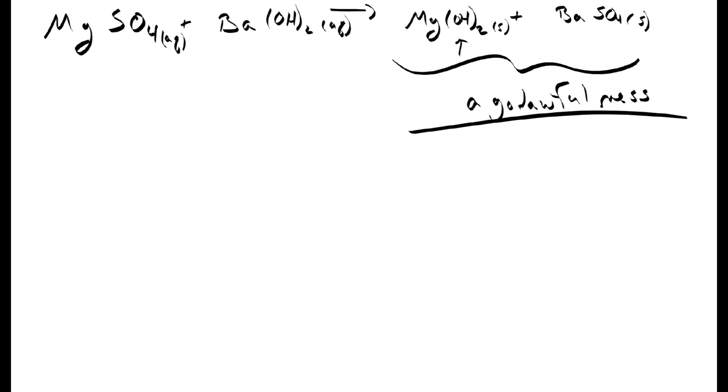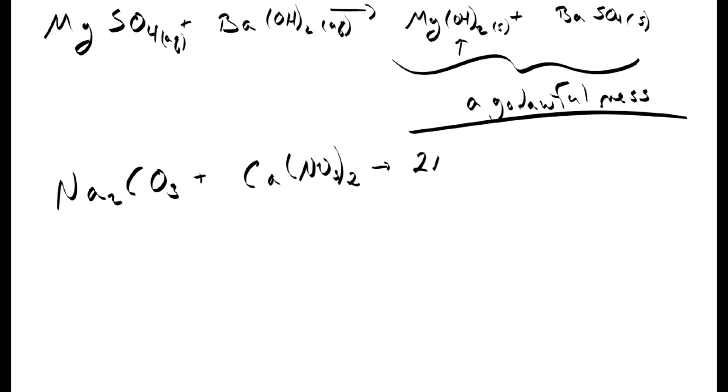Let's go with another example, one that's a little bit kinder. Let's go with sodium carbonate and calcium nitrate. So when you mix those together, you're going to get sodium nitrate.